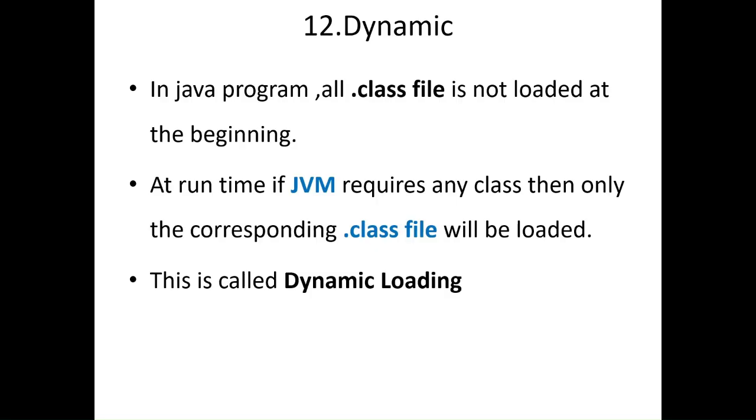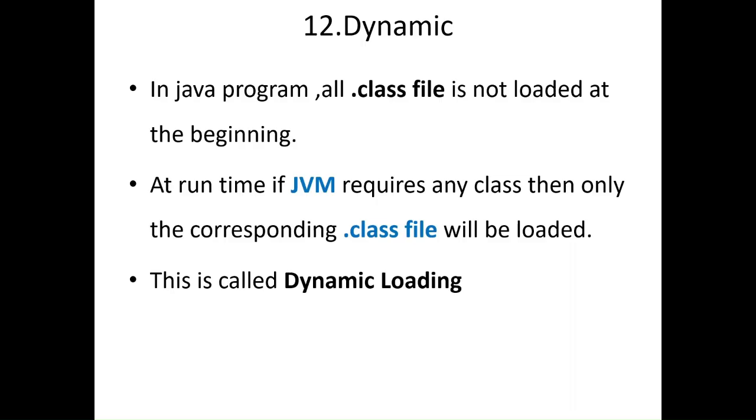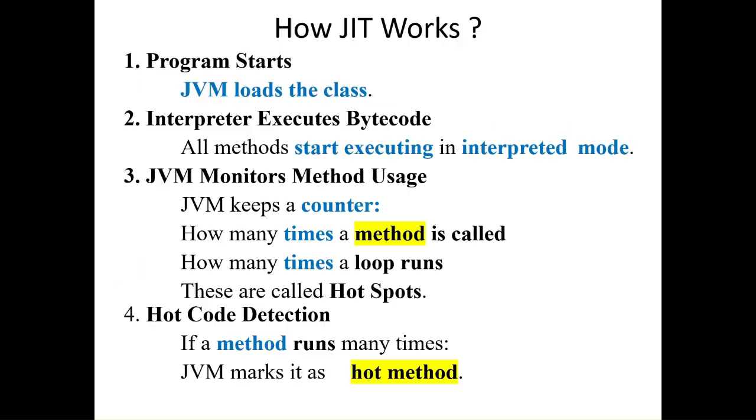For the interpretation process, whichever .class file is required will be loaded by the JVM into memory. So that's why we can say it's dynamic loading. Only when it is actually required is the particular .class file loaded, not at the beginning stage itself. So that's it. This is the characteristic of Java.